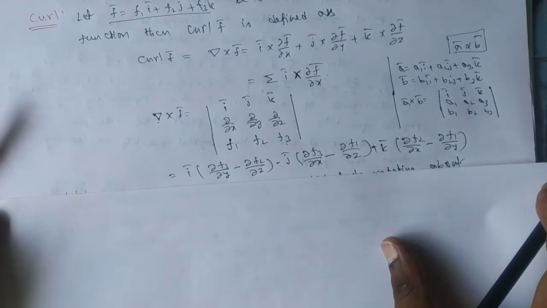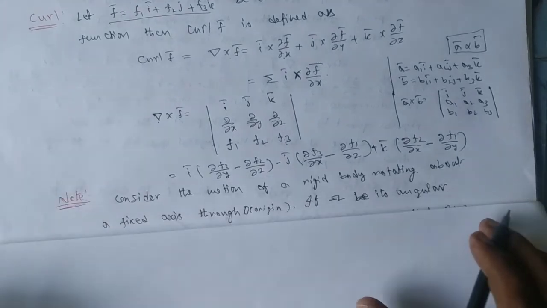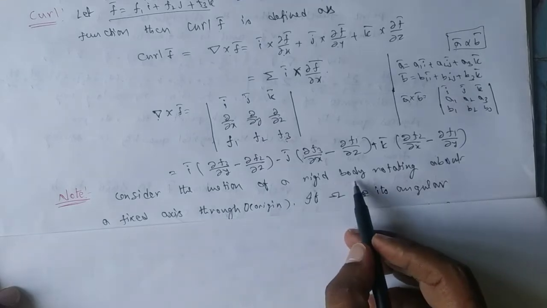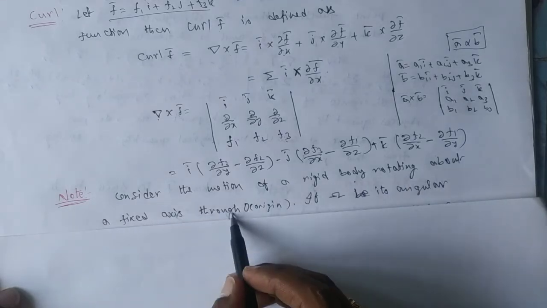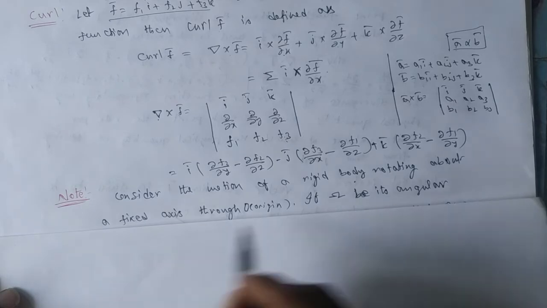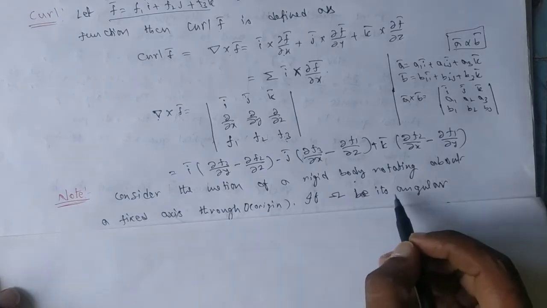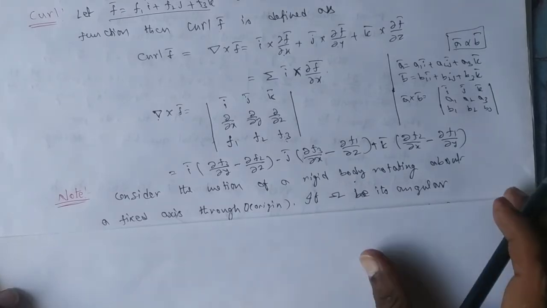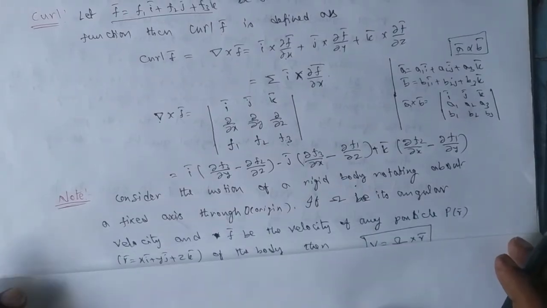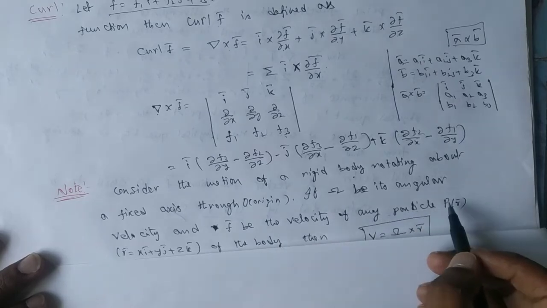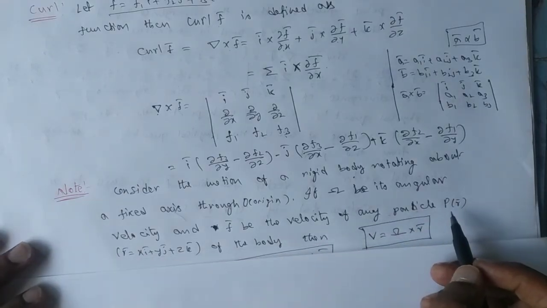Now let us come to the physical meaning of this one. Suppose you are considering the motion of a rigid body which is rotating about a fixed axis through the origin O, and omega is its angular velocity and f bar is the velocity of any particle P of the body.